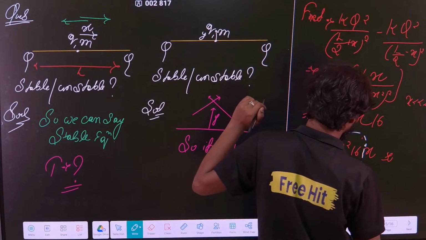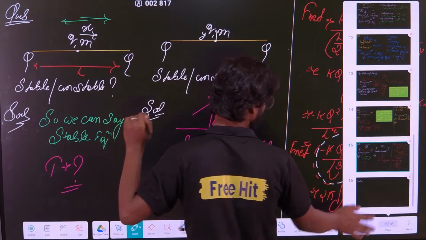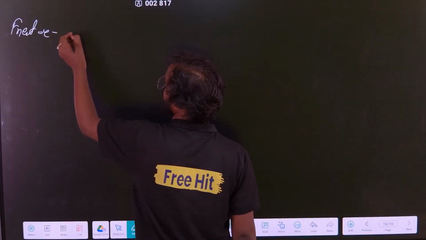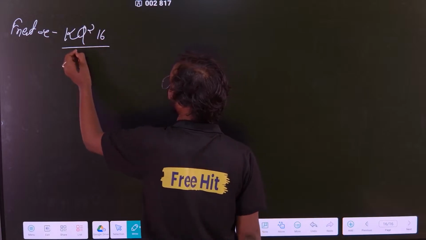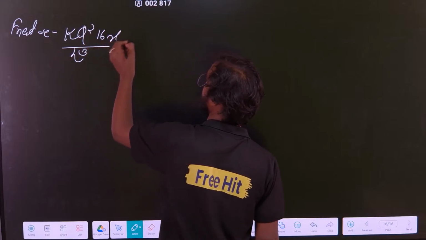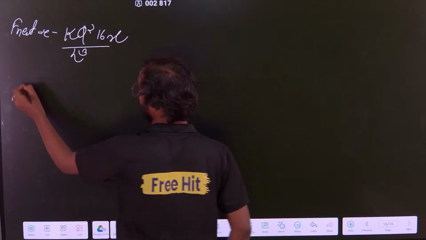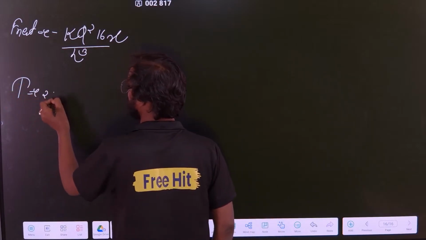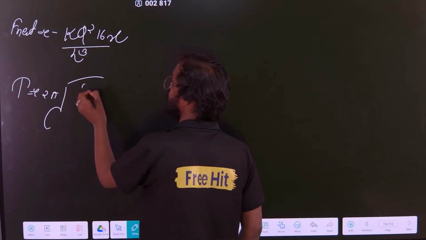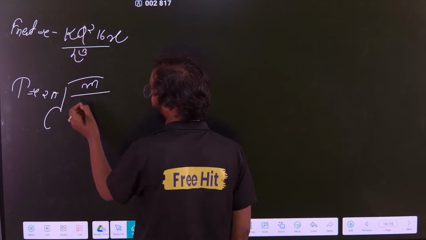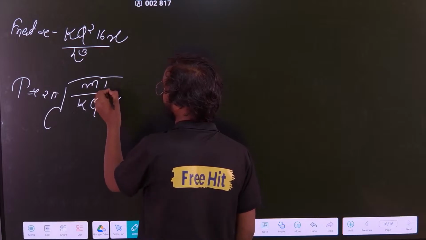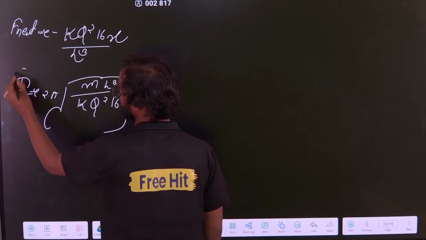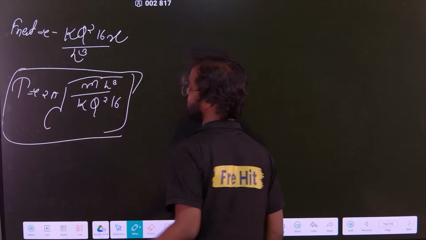Minus k q square 16 by L cube into x. So my time period will be how much? 2 pi root over m upon, what is this value? This is k q square 16 into L cube. This is my time period, correct?